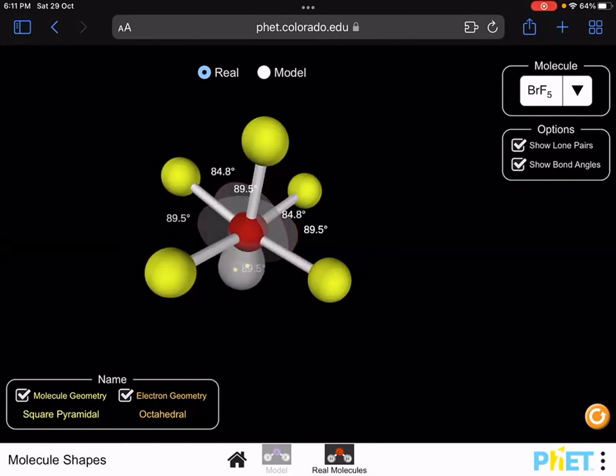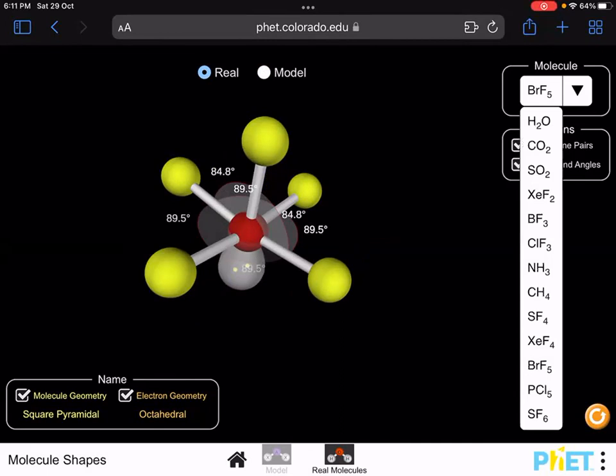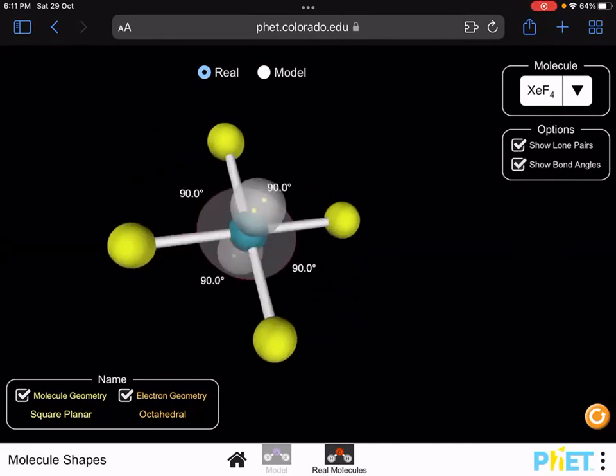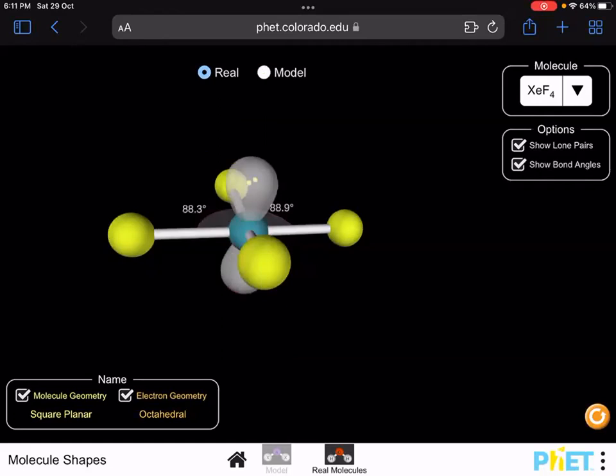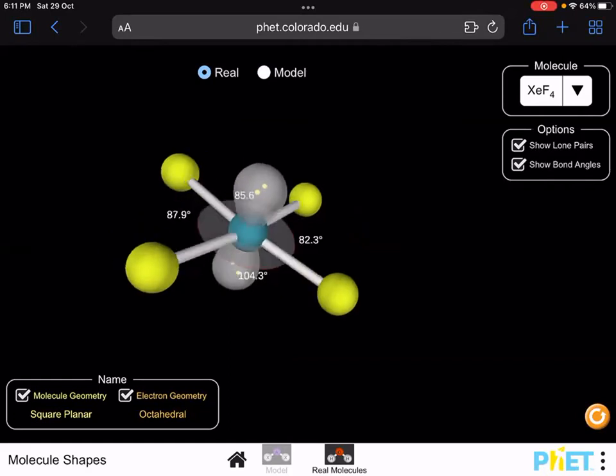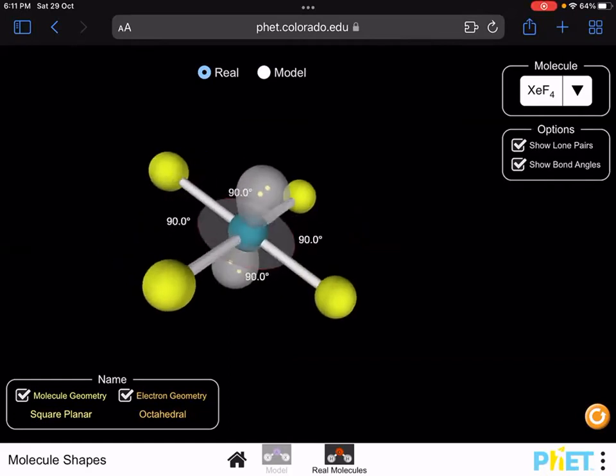Okay. When you take XeF4, now check this. 6 electron pairs. Among them, 4 are bond pairs, 2 are lone pairs. The shape will become trigonal bipyramidal. Sorry, octahedral. In the octahedral, 2 lone pairs are present in a linear manner. The 4 will be in the square. So the molecular geometry is square planar, but the geometry is octahedral.